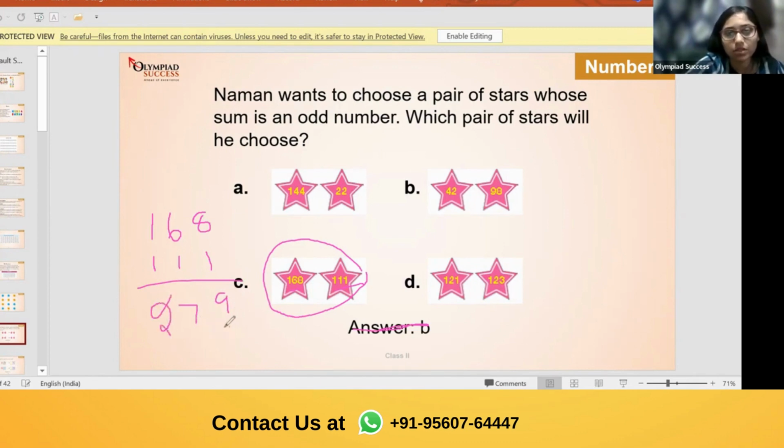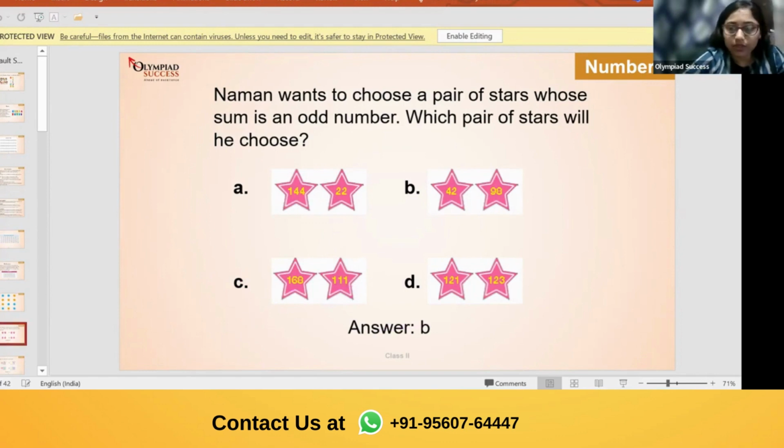So the last digit is odd. 9 is odd, so the whole number is an odd number, 279. So the right answer is C. Okay. Let's move to the next one.